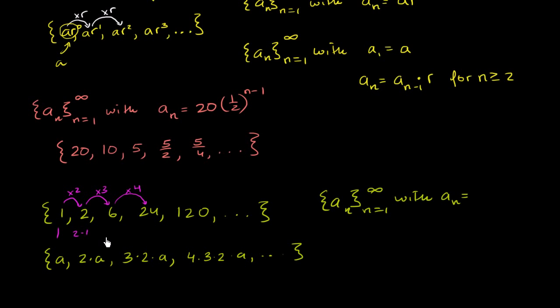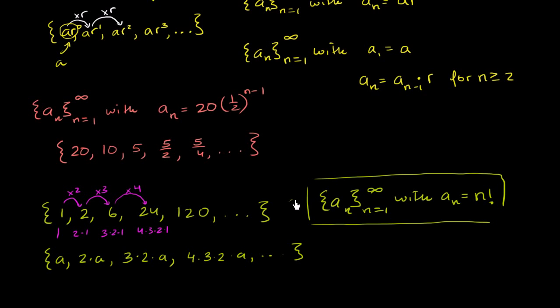This is 2 times 1. This is 3 times 2 times 1. This is 4 times 3 times 2 times 1. And so a sub n is just equal to n factorial. This, which is not a geometric sequence, describes exactly this sequence right over here.